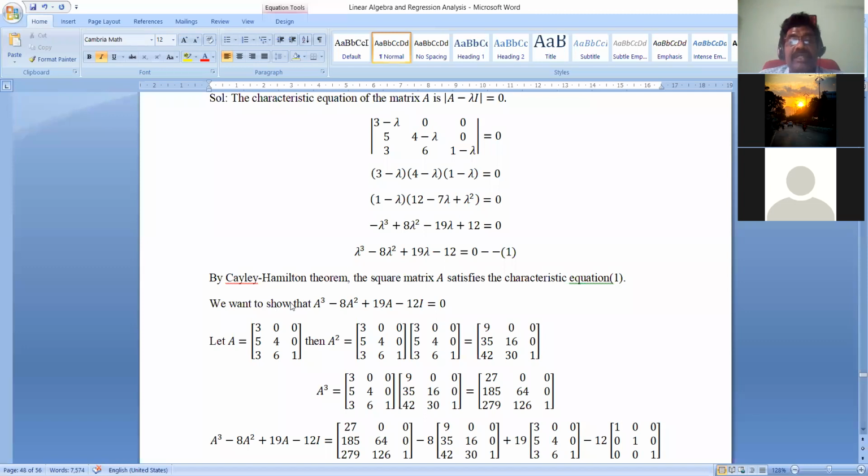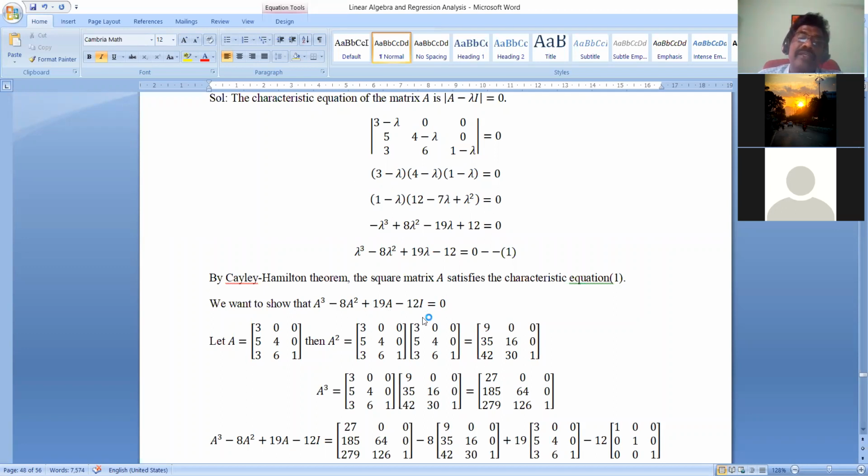Now we want to show that, in place of lambda, we substitute capital A, that is A cube minus 8A square plus 19A minus 12I equal to 0, because I is an identity matrix, there is no change in the value. If this is a 0 matrix, then the Cayley-Hamilton theorem is verified.